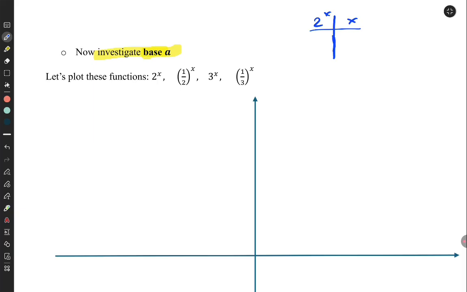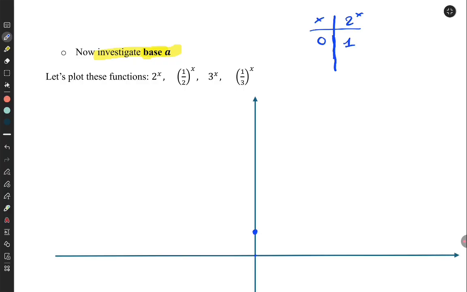Let's pick some numbers. Here, x and 2 to the power x. Start with 0: 2 to the power 0 is 1, so 0 gives you 1.